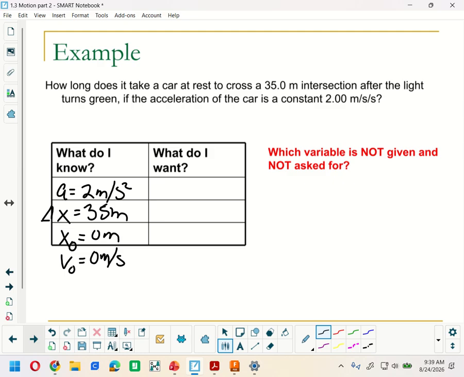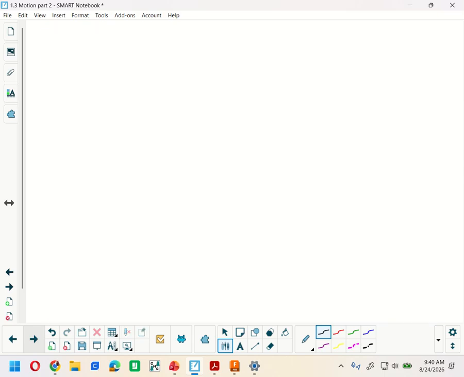Anything else? What am I looking for? I'm looking for time, right? Good. I'm looking for time. So given this much information right here, I have my X position where I want the end, I got initial, I have velocity. So that's going to end up being this formula right here.